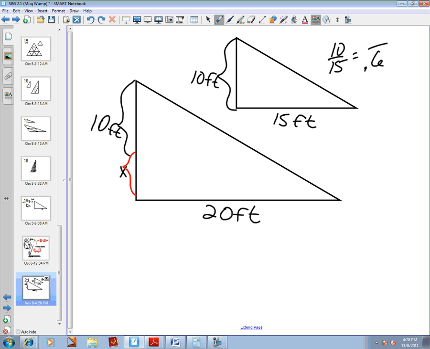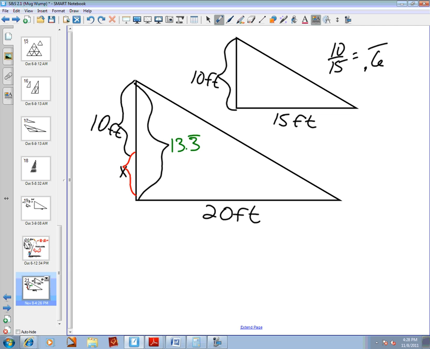Okay, so now we know that. Can we find what this total leg here is? Yeah, we can. Okay, so what is 2/3 of 20? Well, let's punch that in our handy-dandy calculator. And it's 13.3 repeated. Okay, so this whole side is 13.3 repeated. But I don't want to know the whole side.